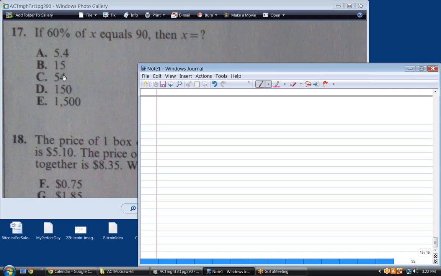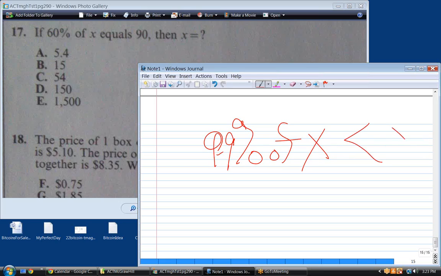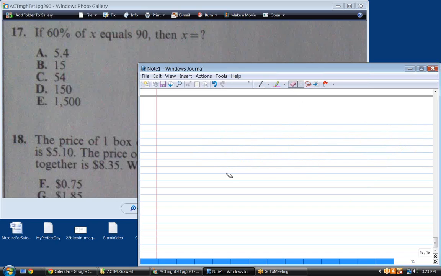60% of 54 is going to be a number less than 54. 60% of that number is less than that number, and so forth. Notice that 99% of a number is always less than the number. Right? Okay. So if I'm going to back solve it, I only have to worry about those two.